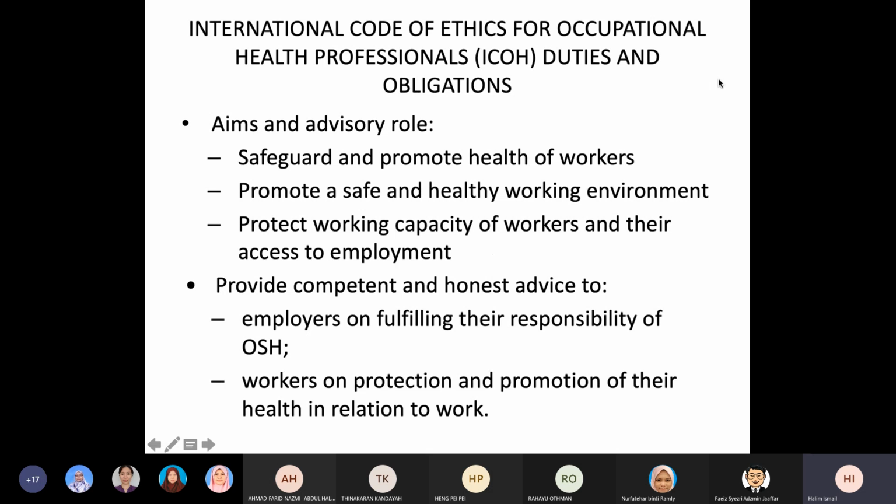So let's look at the International Code of Ethics for Occupational Health Professionals, ICOH, duties and obligations. Its aim and advisory role.